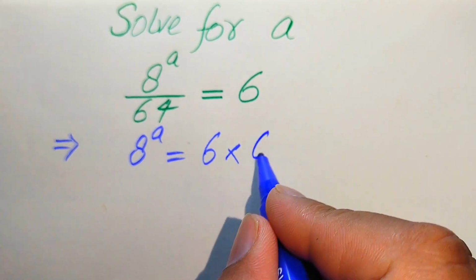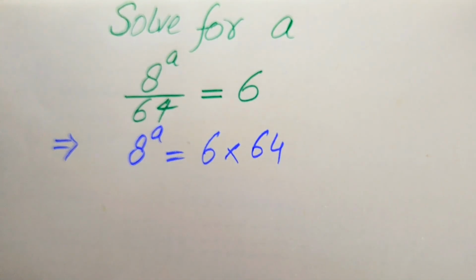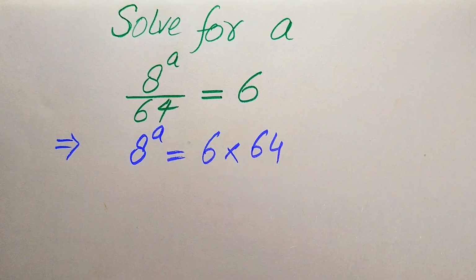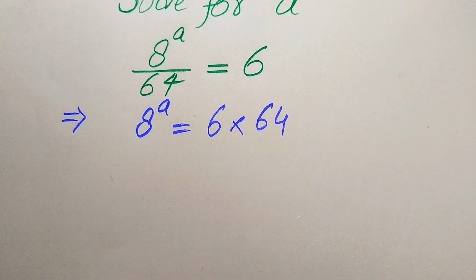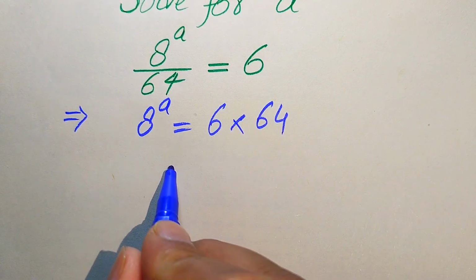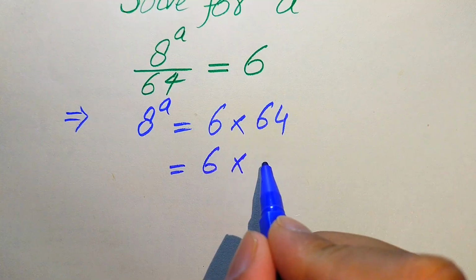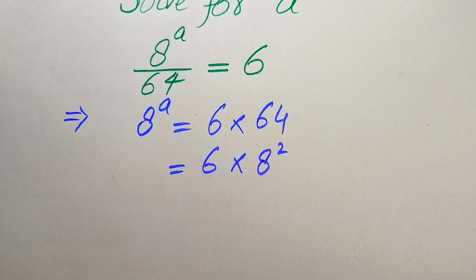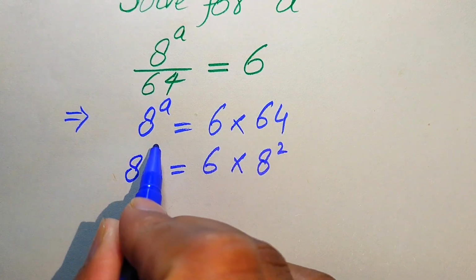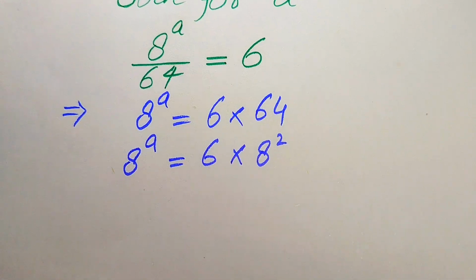6 multiplied by 64. Further, in the next step, we need a little bit of simplification, so we write it as 6 multiplied by 64, and we write 64 as 8 squared, and in the left hand side we have the exponential term, that is 8 to the power of a.